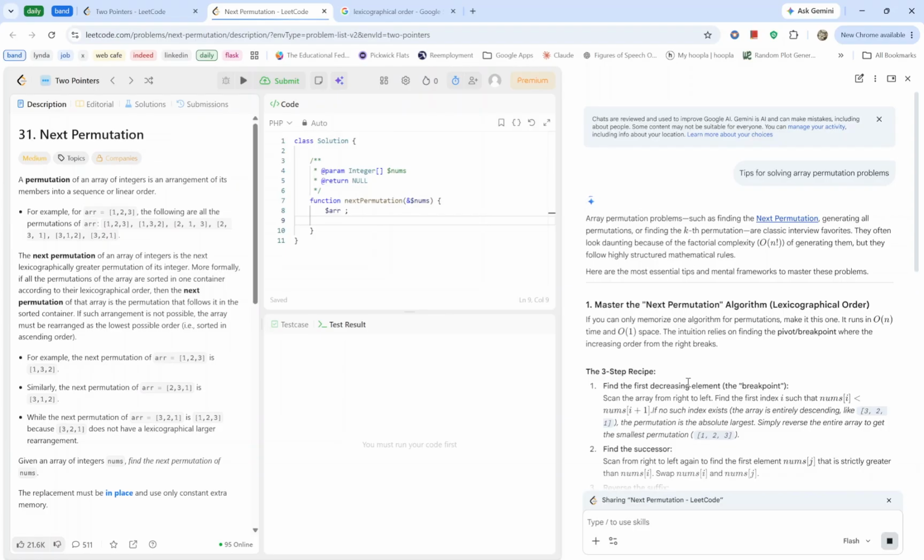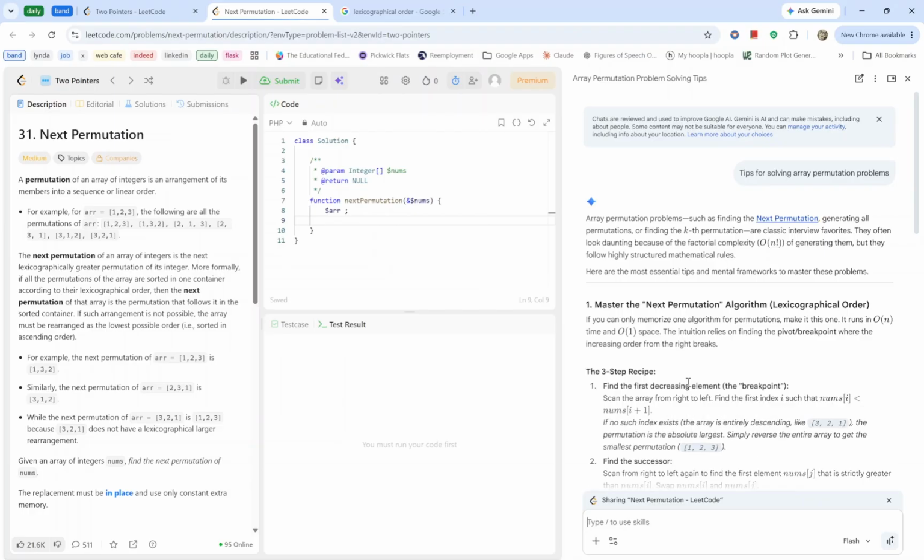Finding the kth, okay. Generating all the permutations or finding the kth permutation are classic interview favorites. They often look daunting because of the factorial of generating them, but they follow highly structured mathematical rules, mastered in the next permutation algorithm, lexicographical order.